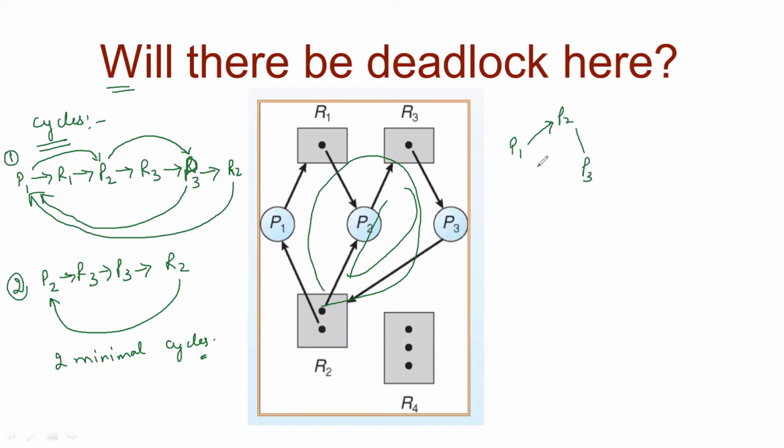For the first cycle, it is like this. And for the second, we can see P2 is waiting for P3 and P3 is waiting for P2 to finish. So processes P1, P2 and P3 are deadlocked.